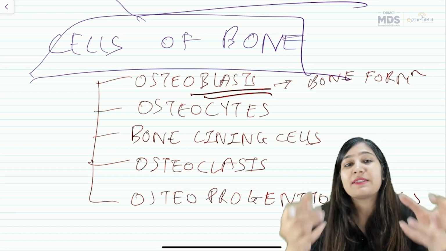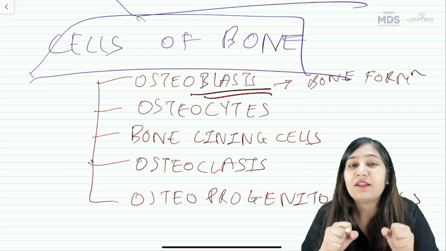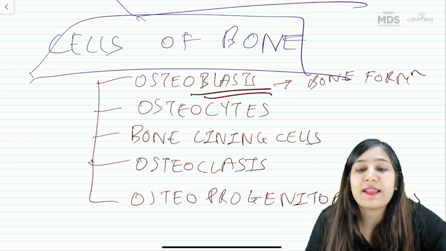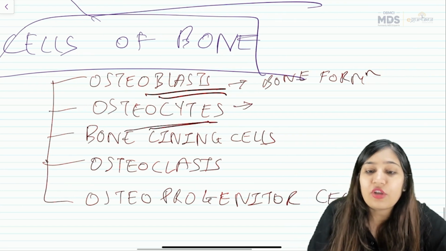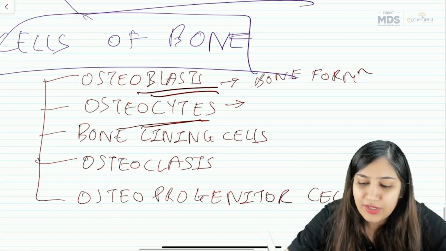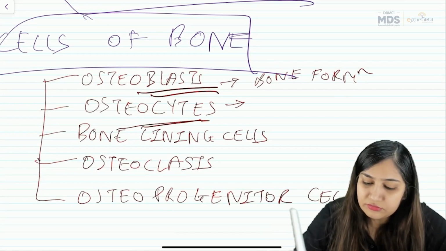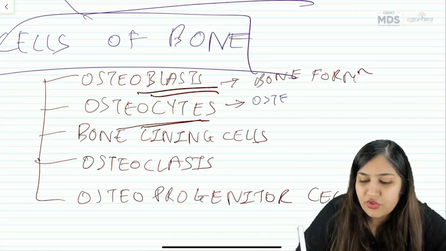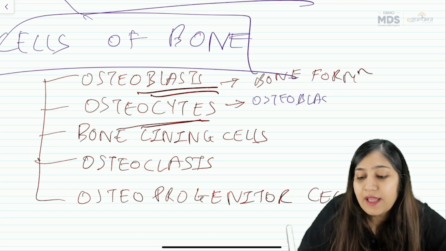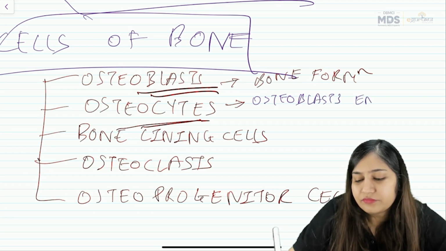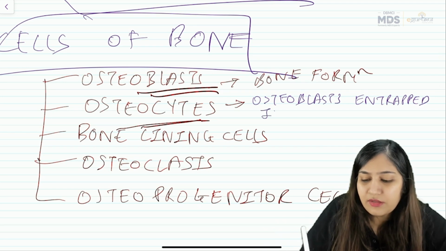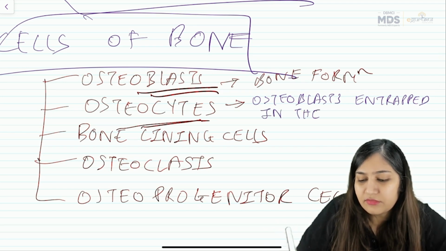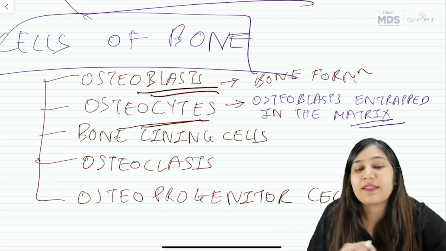But sometimes the cell gets entrapped within the bony matrix, and these cells are known as osteocytes, which are osteoblasts entrapped in the matrix that they secrete.